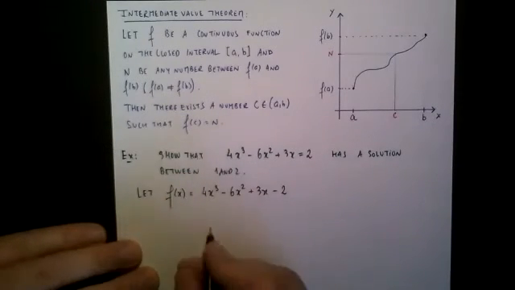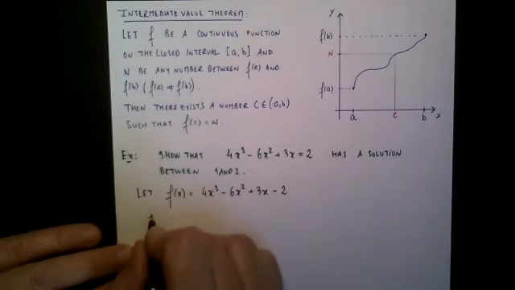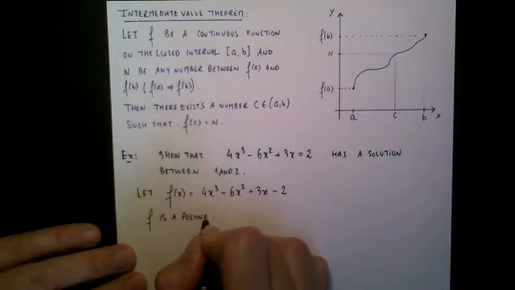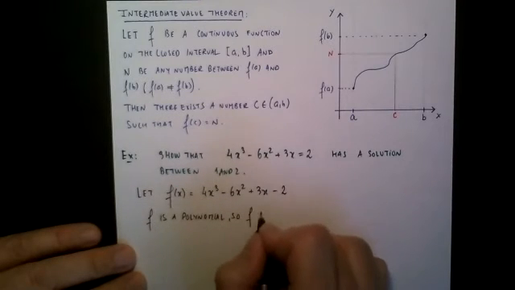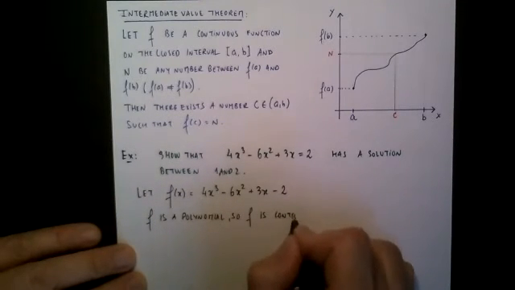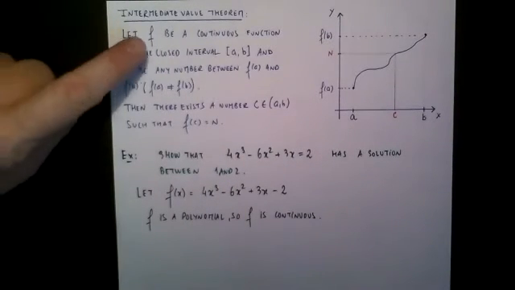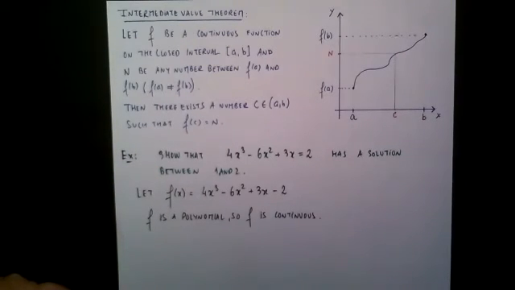So this function is a polynomial, so it's definitely continuous. Okay, so f is a polynomial. So f is continuous. That's not a problem. So I need to verify that the function is continuous. Okay, so my function is continuous.